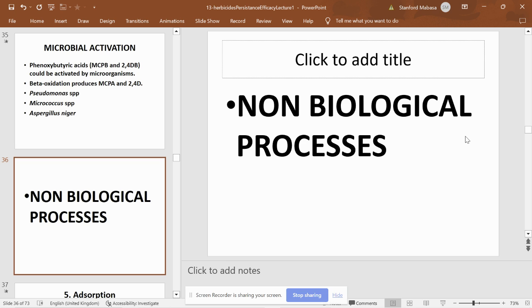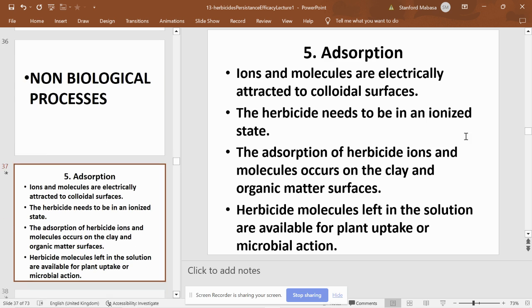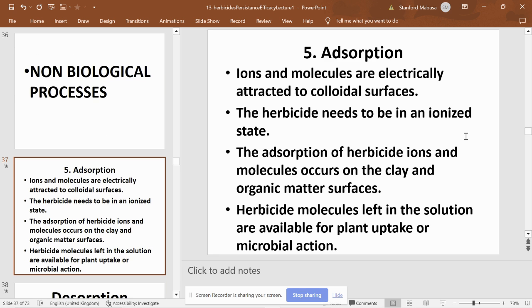So we move on to non-biological processes. Here we are interested in the soil, especially clay minerals. Probably at this stage we should go to the basics, where we are going to say ions and molecules are electrically attracted to colloidal surfaces.